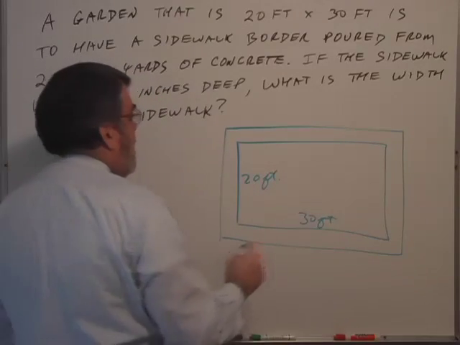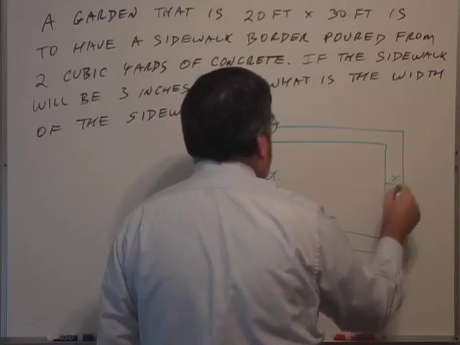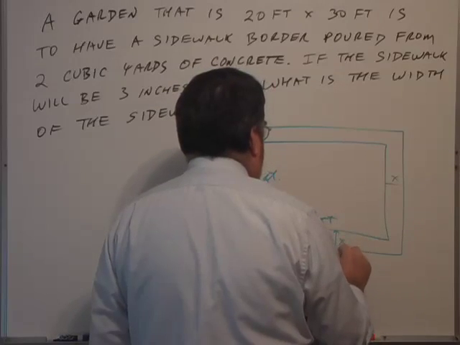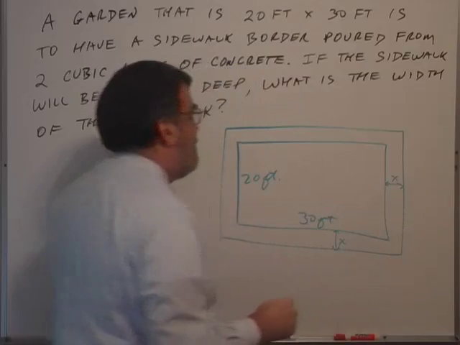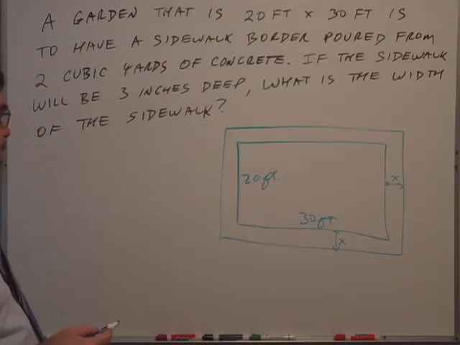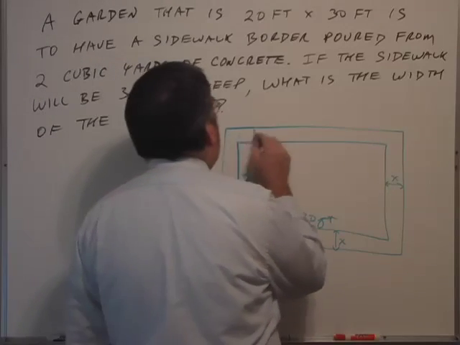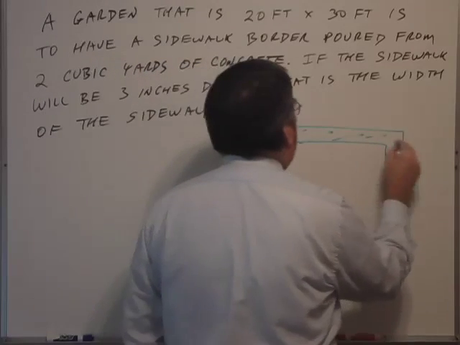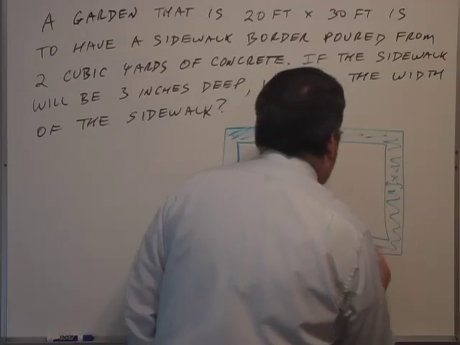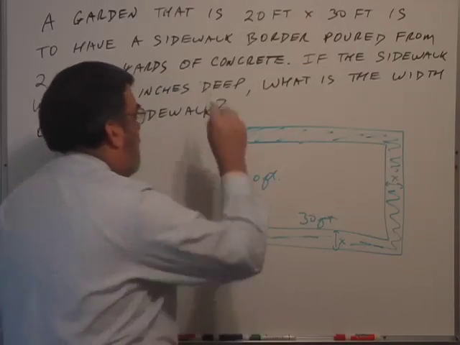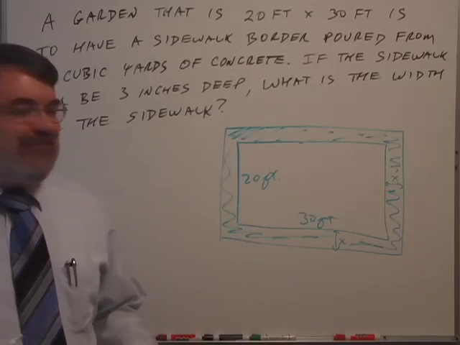And the width of the sidewalk is going to be X feet, if we want to work with feet. Alright, so here's our sidewalk, how wide is it going to be?